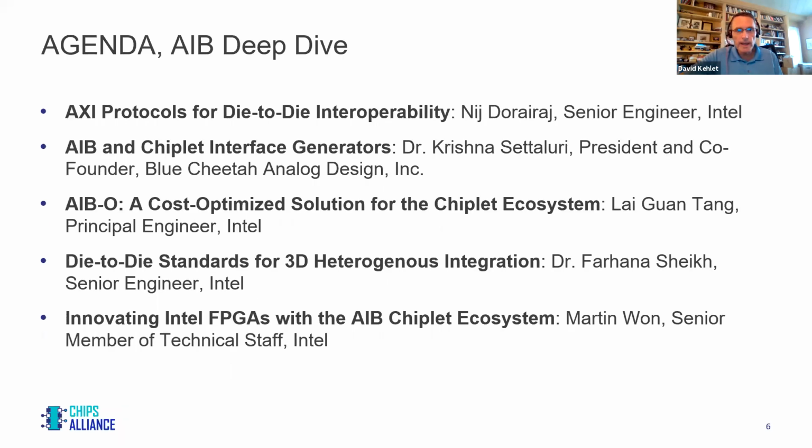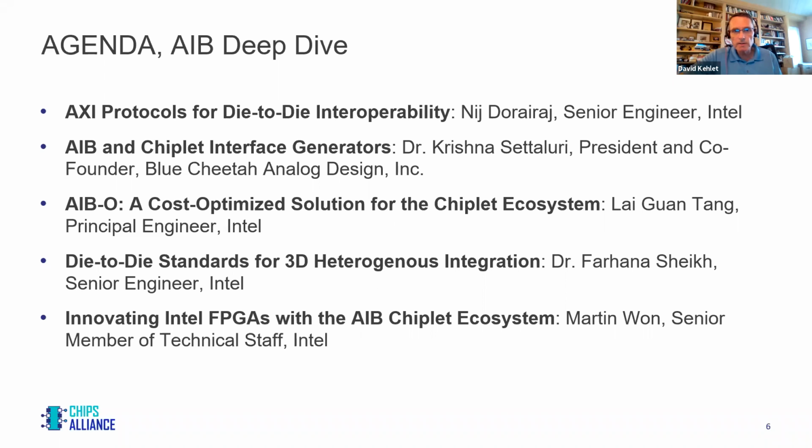So I'm going to give you a look ahead at the technical presentations that you're going to hear. Nij Doraraj is going to start off talking about AXI protocols on AIB. Then we'll have Krishna Settluri at Blue Cheetah talking about AIB and interface generators. Laguan Tang is going to talk about AIB-O, which is a cost-optimized AIB for standard packaging technology.